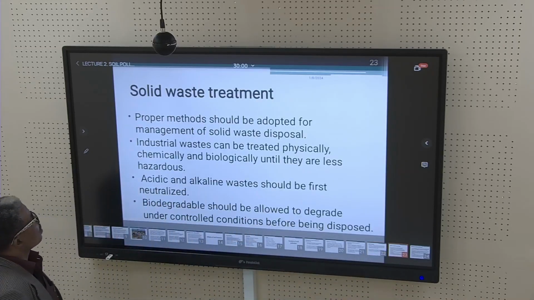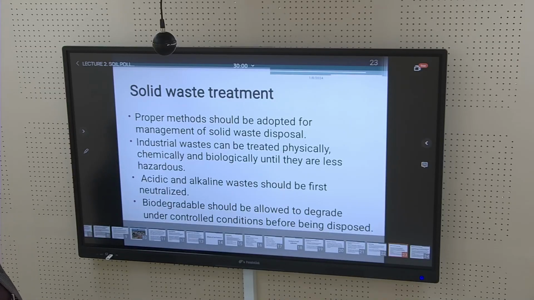Solid waste treatment can also lead to control of soil pollution. Proper methods should be adopted for management of solid waste disposal.